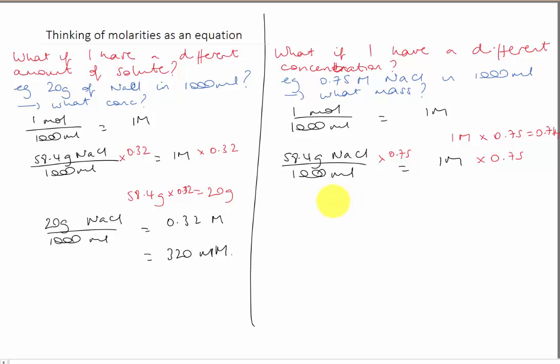So that gives us 0.75 times 58.4, which is 43.8 grams of NaCl in 1000 mils is equal to 0.75 molar. And again, if I wanted, I could change this into millimolar. That would be 750 millimolar.